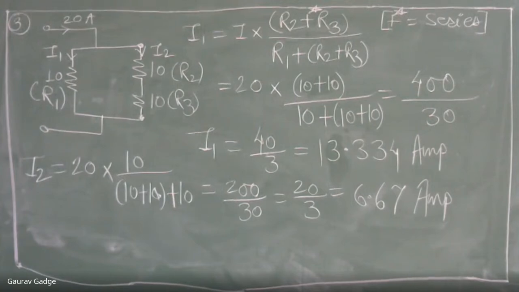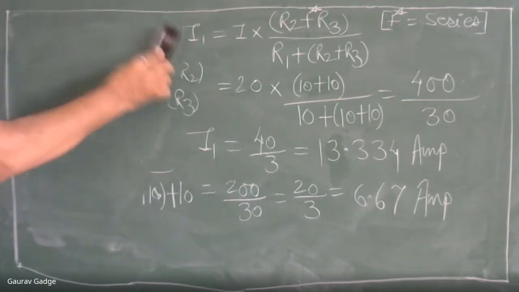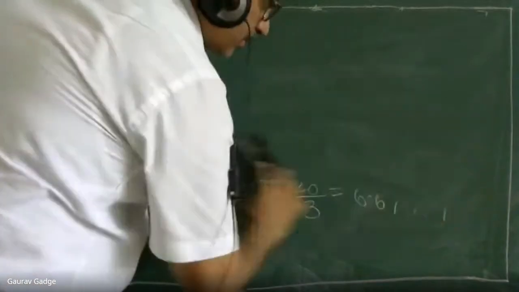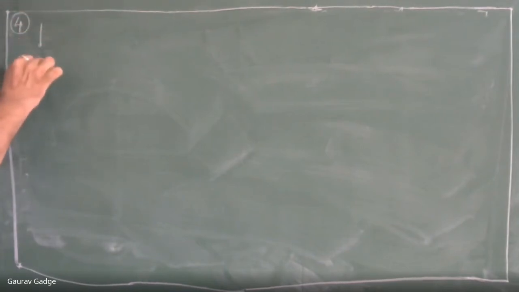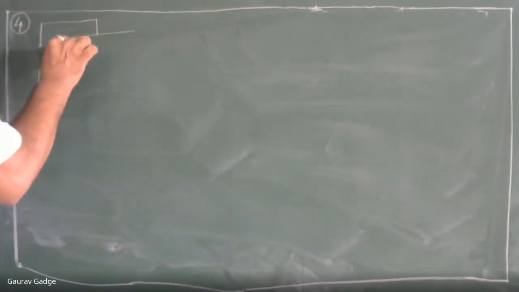Okay. Now I just solve numerical number 4. In numerical number 4, a voltage source of, sorry, 20 volt is given with a parallel combination of the two resistances.